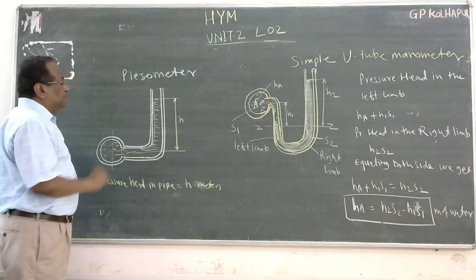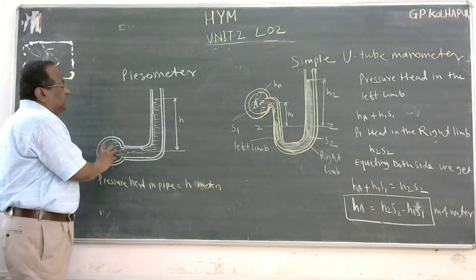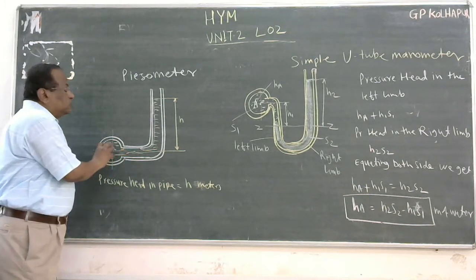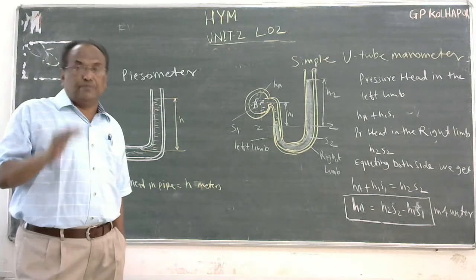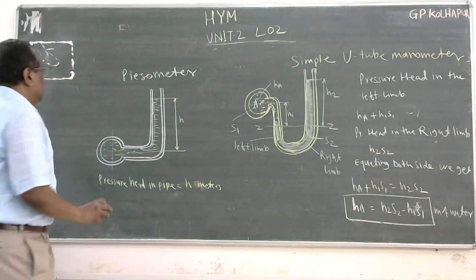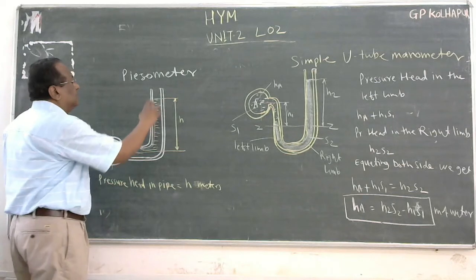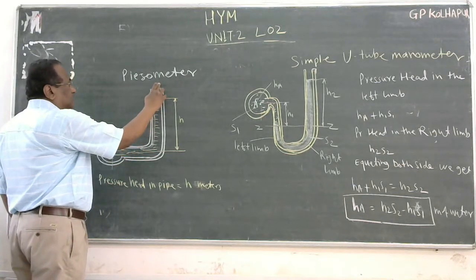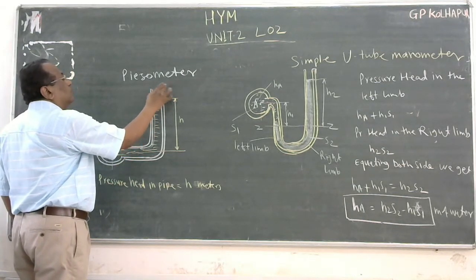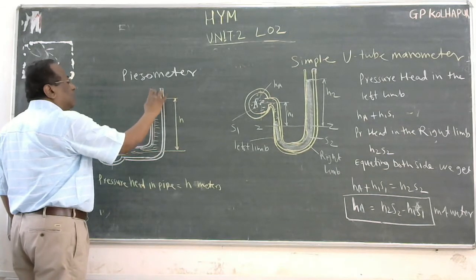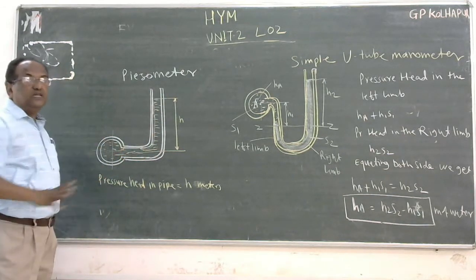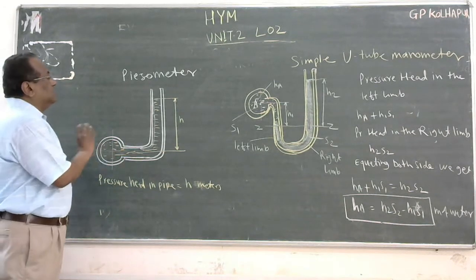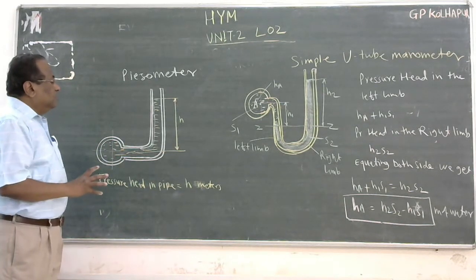Another limitation is that the piezometer cannot measure negative pressures, that is, pressures below atmospheric pressure. Because if the pressure is below atmospheric pressure, as the end of this tube is open to atmosphere, air will enter into the pipe and no pressure will be shown by this instrument. This is the limitation of the piezometer.